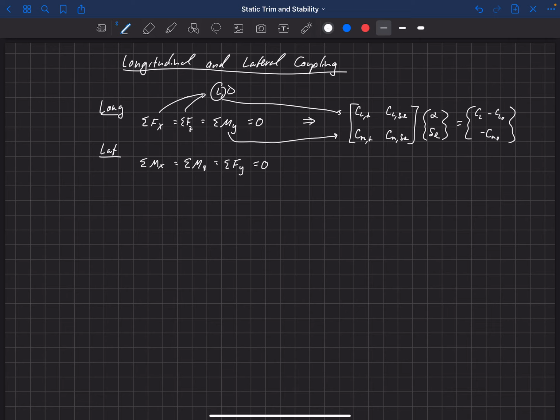Okay, then laterally, we kept all three of these equations. And so we said the top equation was the force in the y direction, and then we had a moment about the x and a moment about the z.